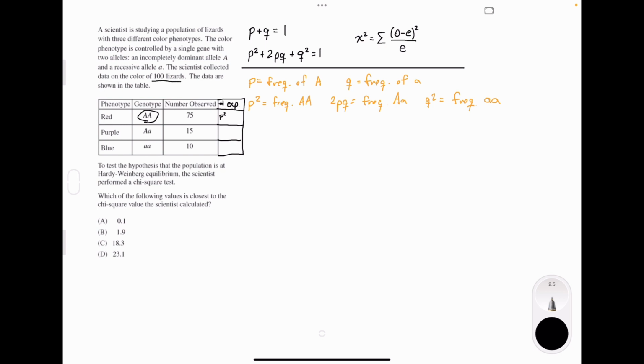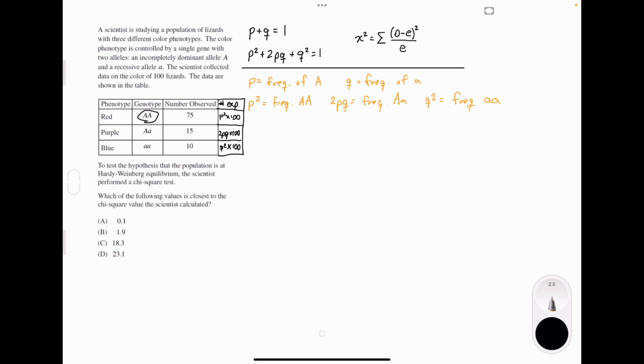So what I can then do is P squared times 100, and that would give me my number expected for the red phenotype. For my purple, that's my heterozygous, so it would be 2PQ times 100. And then for my homozygous recessive, it would be Q squared times 100.